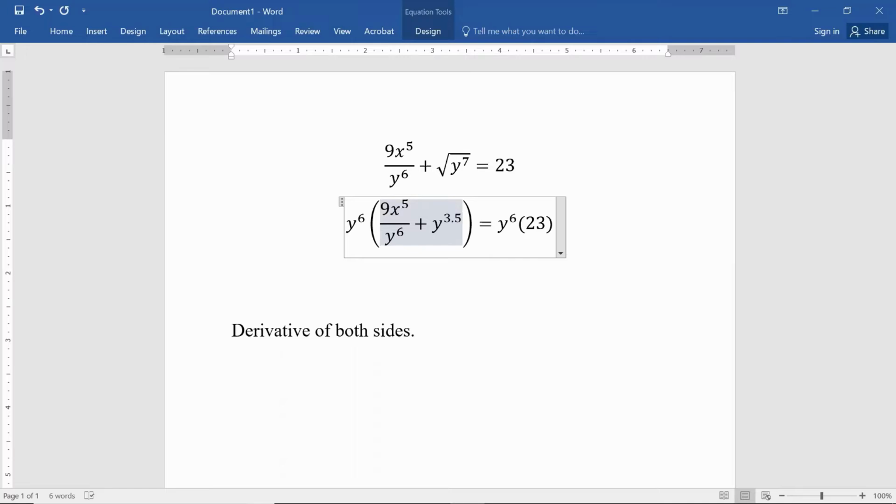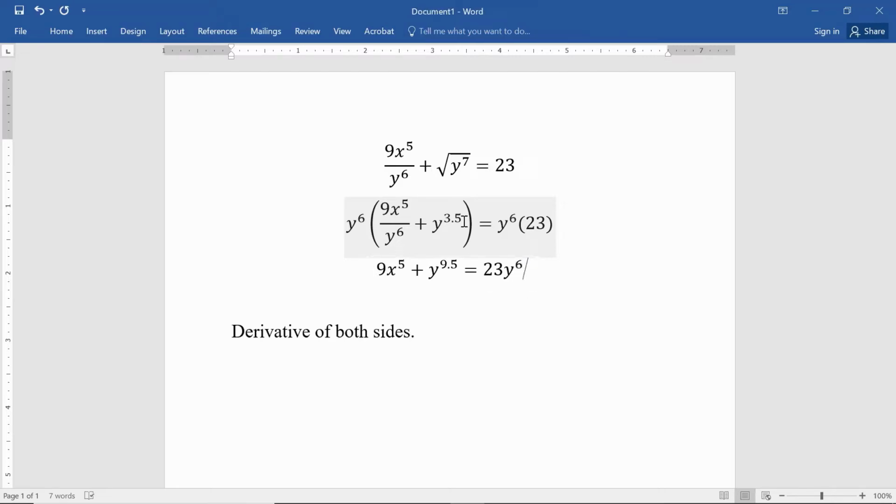Now I can go ahead and multiply by y to the 6th a little bit easier. The left-hand side is going to be 9x to the 5th plus y to the 9.5 power. The right-hand side is going to be 23y to the 6th.